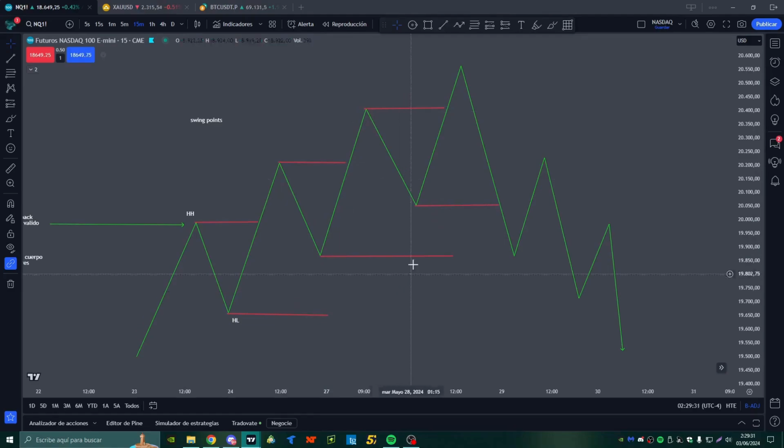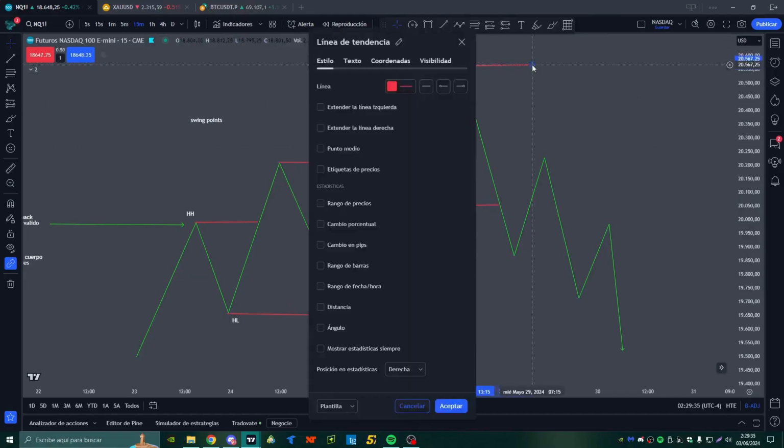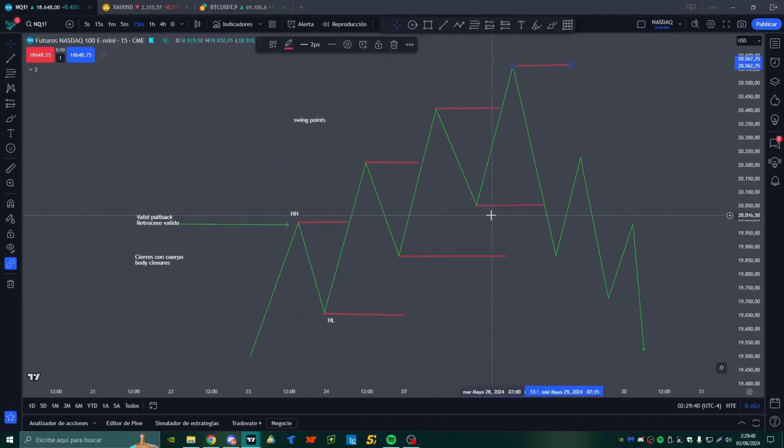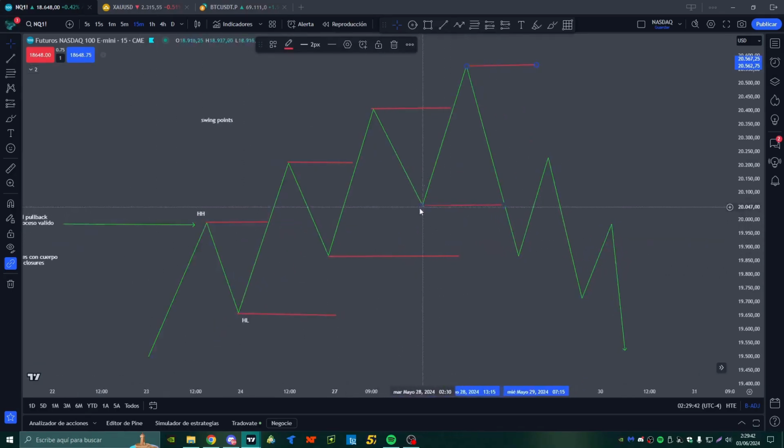Now, when does the change in structure occur? When a higher high is made and the body breaks again, closing with the body the last low that had been validated. If there was a continuation here, the lowest point between the previous high and the new high was valid for us.